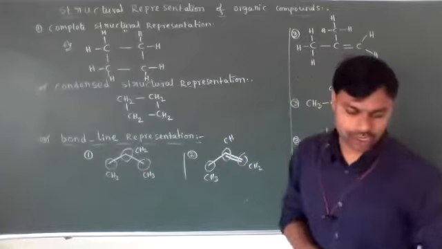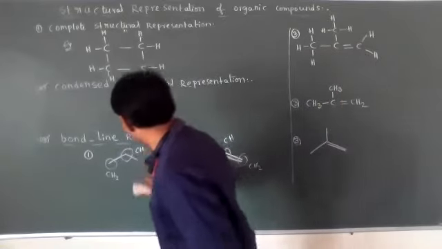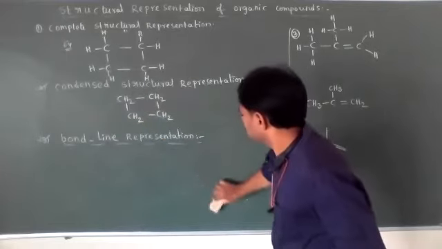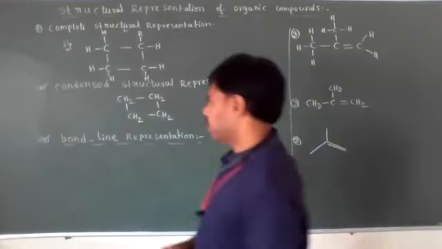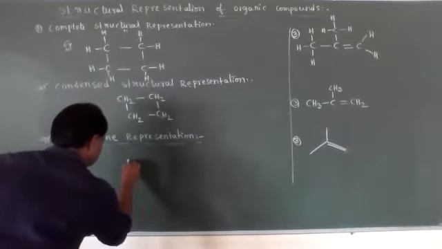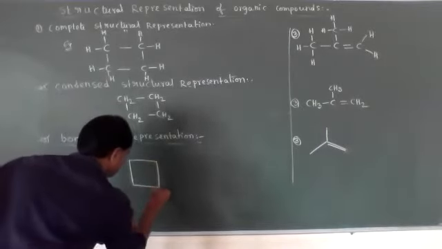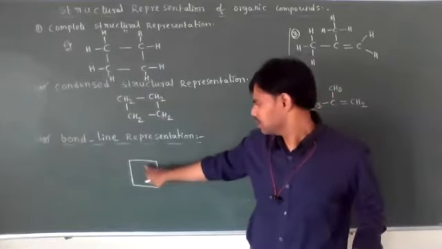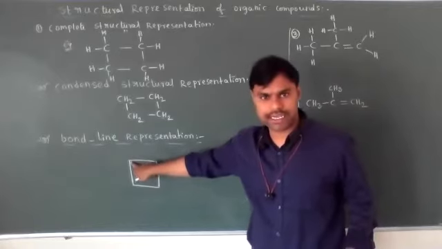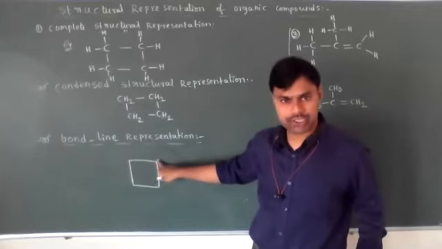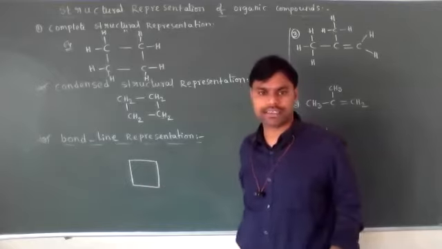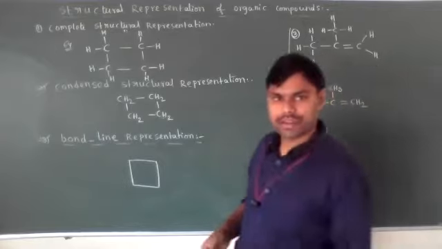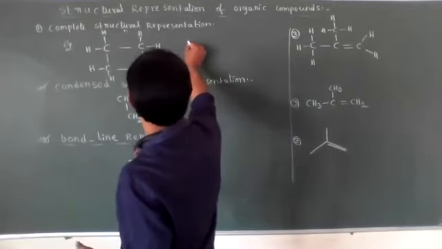How do we draw this same molecule in bond line representation? This is a square, one box. This corner is CH2, this corner CH2, this corner CH2, this corner CH2. One single line means all are single bonds only. Okay. Next, one more example.